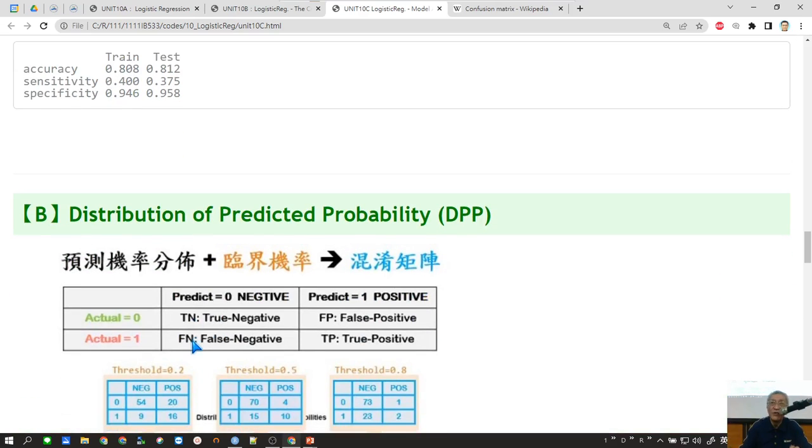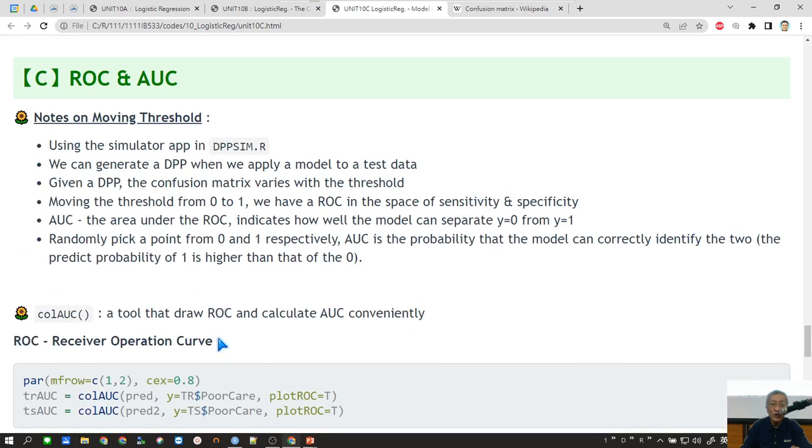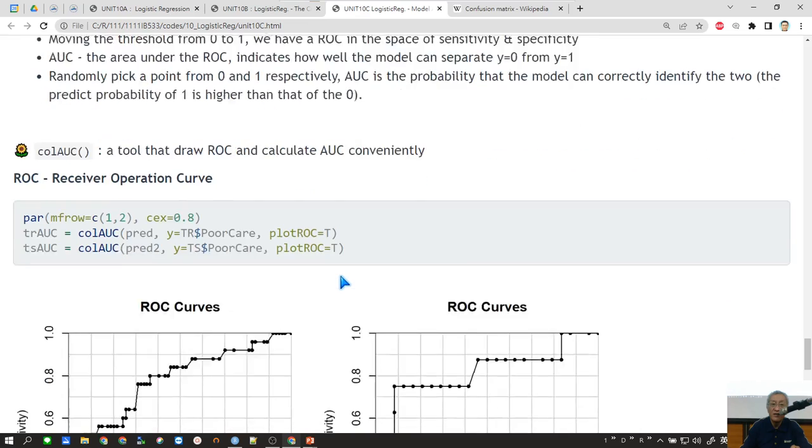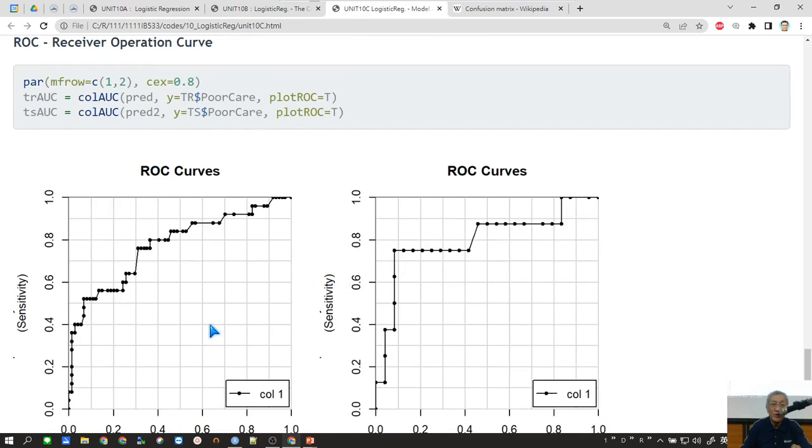For some business applications, we introduced the idea of ROC and AUC, and this is the way to calculate them. As you can see, it's very easy. There is a function called colAUC, and this is the predicted probability for training data, and this is the actual outcome in the training data.